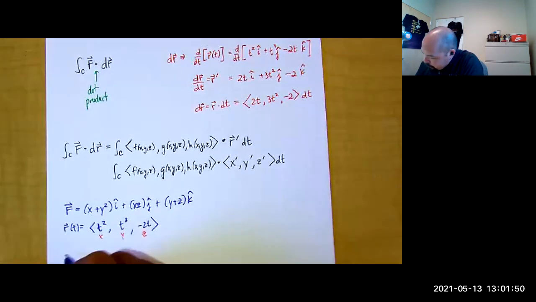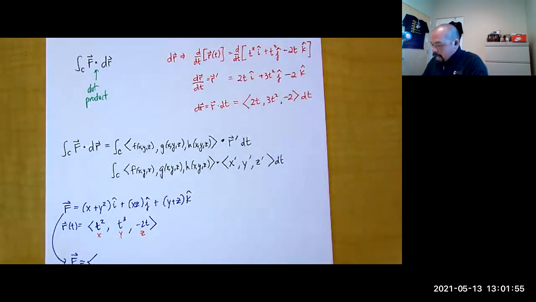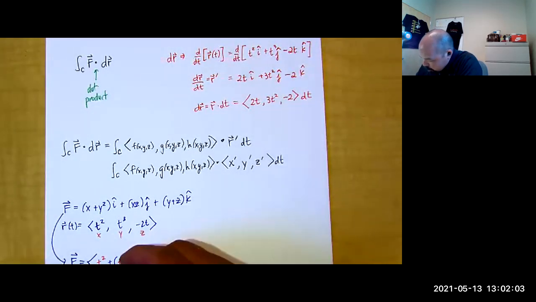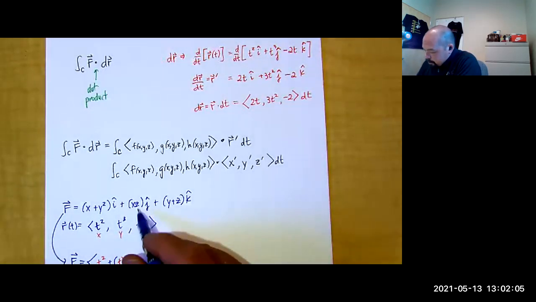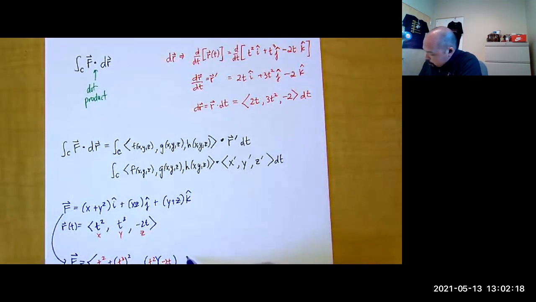That means our vector field F: x was t squared, plus y squared, y was t cubed. The j, x times z, x was t squared, z was negative 2t. Then finally the k, the z component here, y plus z, t cubed plus negative 2t.